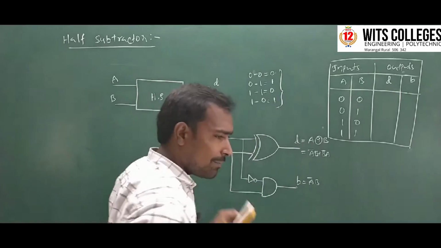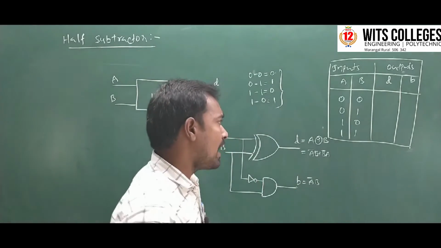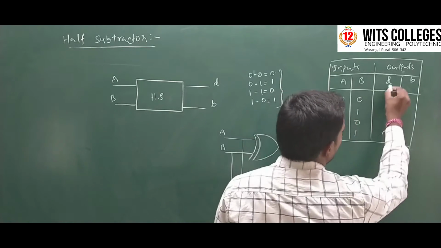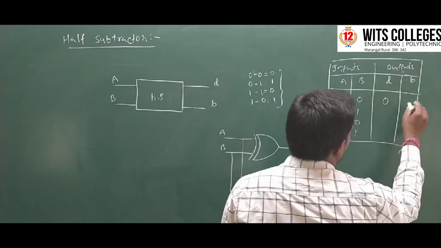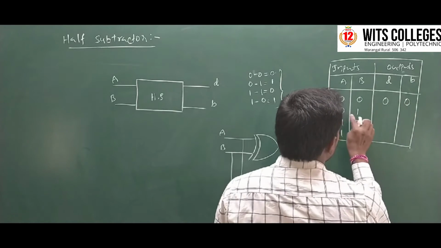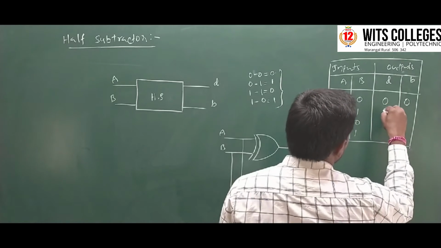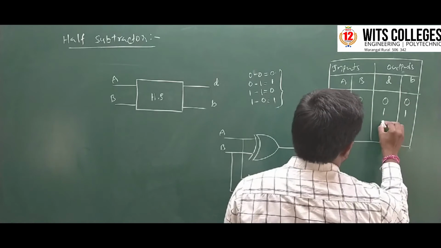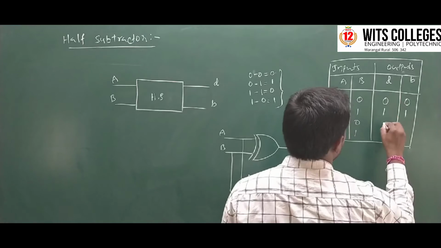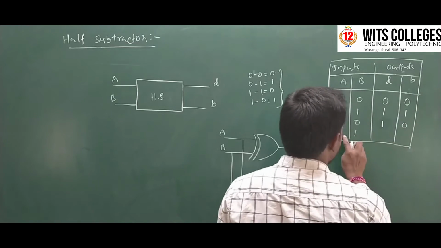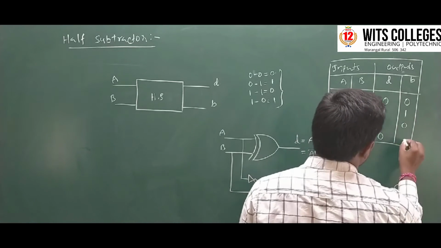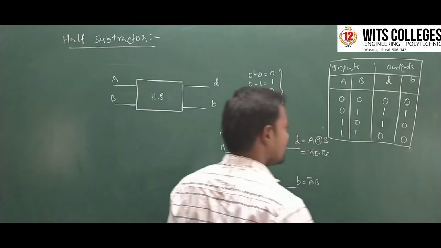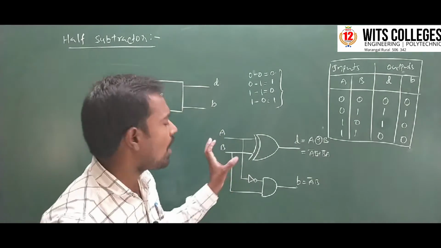So for 0 and 0, there is no difference, so difference is 0 and borrow is 0. For 0 minus 1, difference is 1 and borrow becomes 1. For 1 minus 0, difference is 1 and borrow is 0. For 1 minus 1, difference is 0 and borrow is not generated, so it is 0. So this is the truth table of the subtractor.